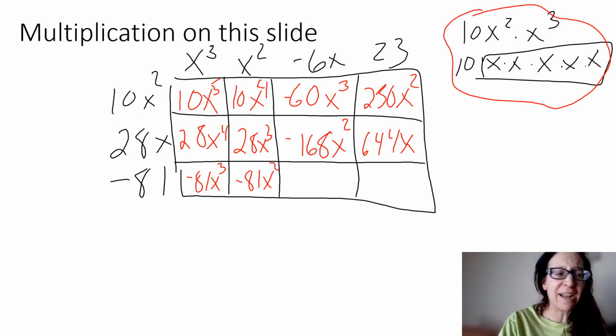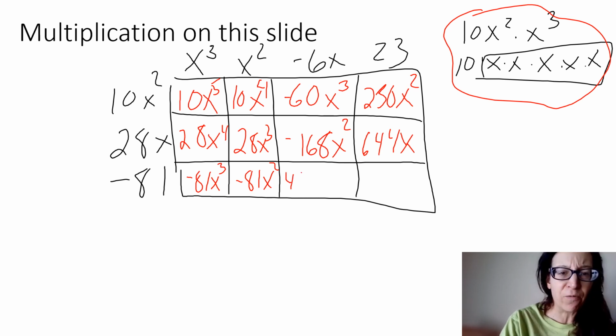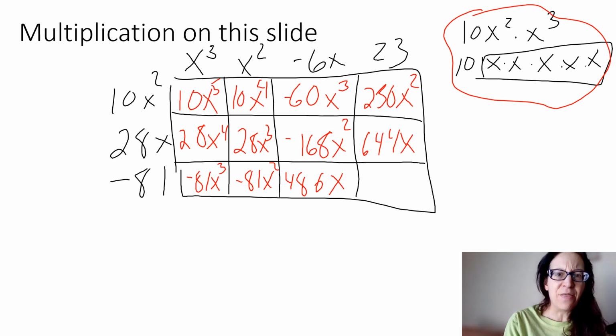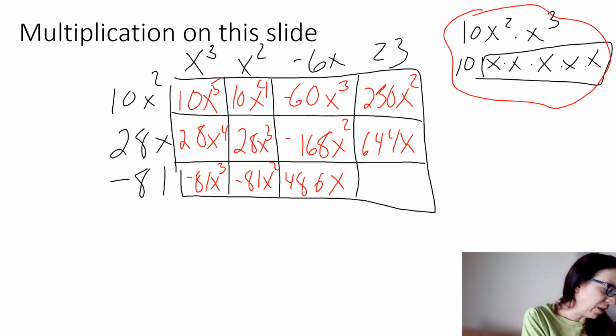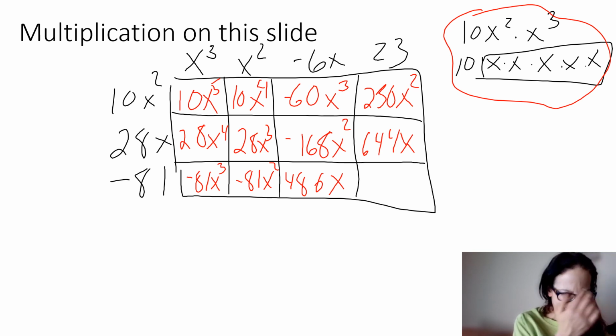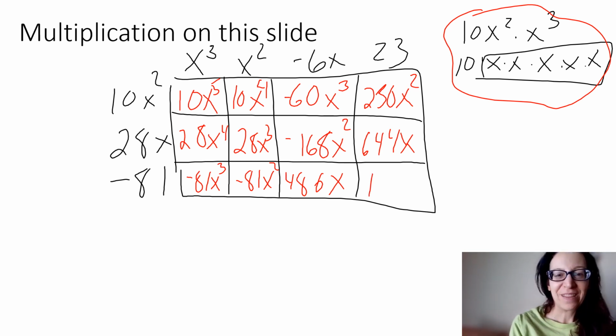And a negative times a negative is a positive, so that will give me 486x. And then 81 times 23, which is 1,863.